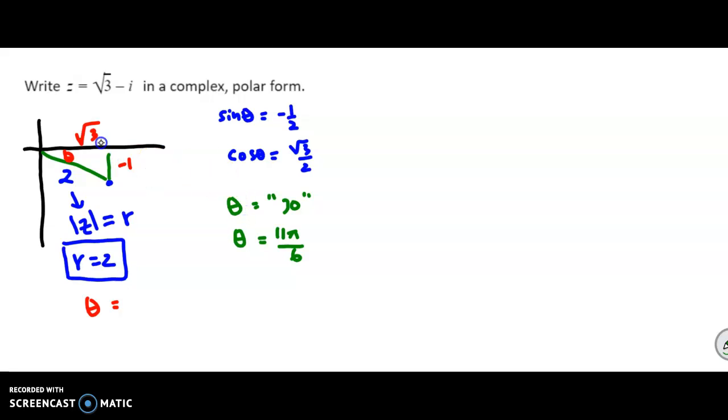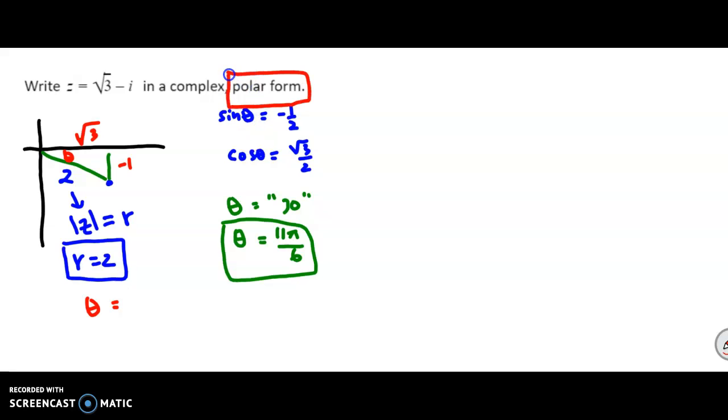And so again, because I know that if I do sine and cosine, opposite over hypotenuse and adjacent over hypotenuse, then I can recognize that the angle is actually from the unit circle. And so theta is equal to 11 pi over 6, all right? Now, what we have to do is, remember, we got to change this to polar form.